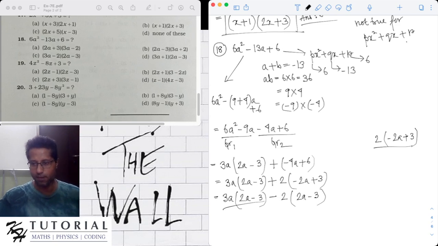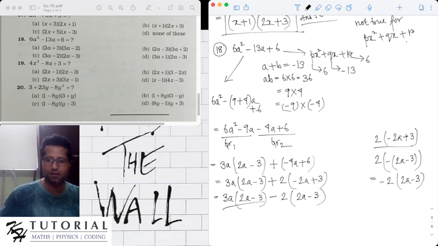So I just have to take a negative of minus 2a plus 3. If I take a negative common, it will be 2a minus 3. And if I bring the minus outside, it will be minus 2 multiplied by 2a minus 3, and hence we got this.